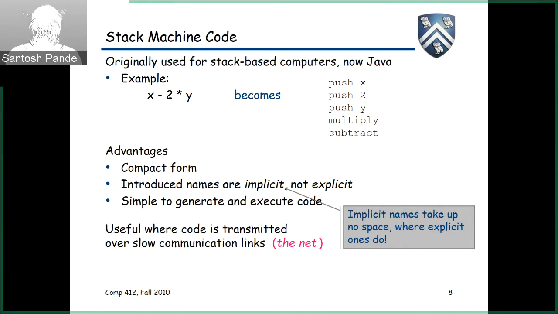So you can see that the steps involved here start with the left-hand side operand push x, then go towards the right-hand side subtree to push 2, push y, then multiply, generate the code for that, and then finally walk back and cover the negative sign there to convert it into subtract and so on.